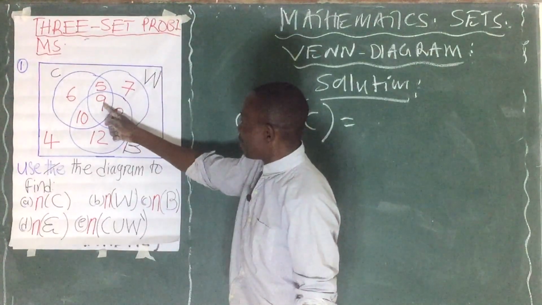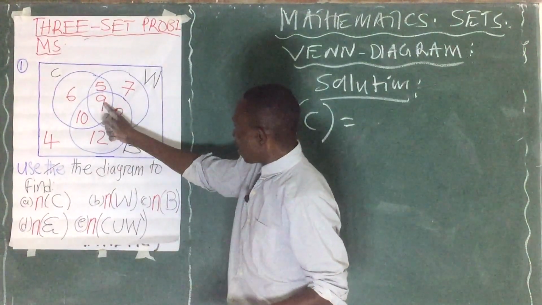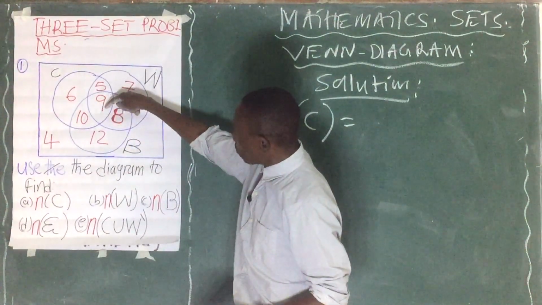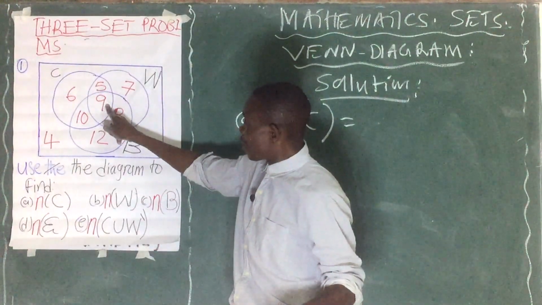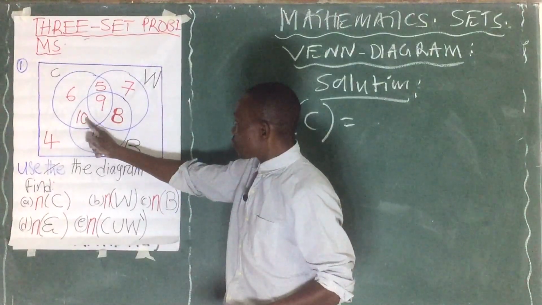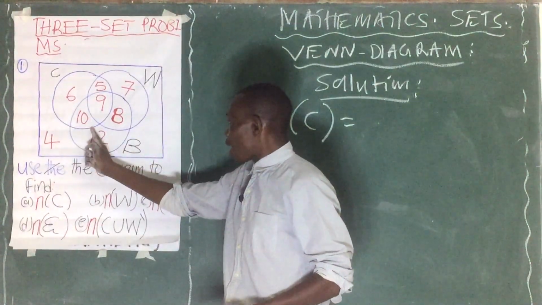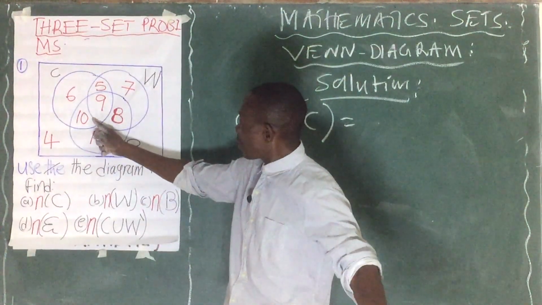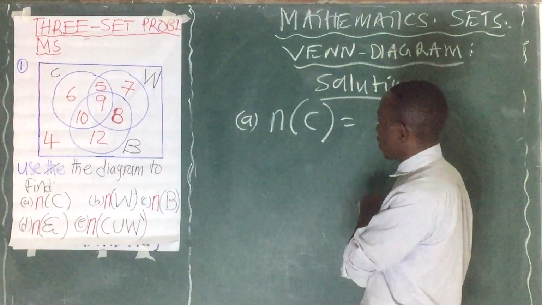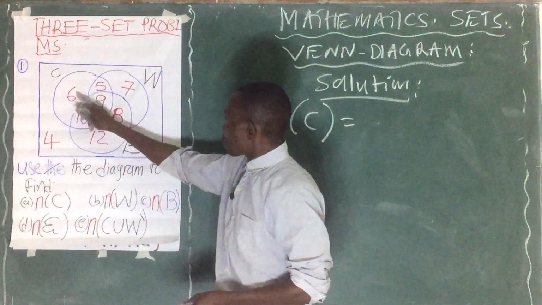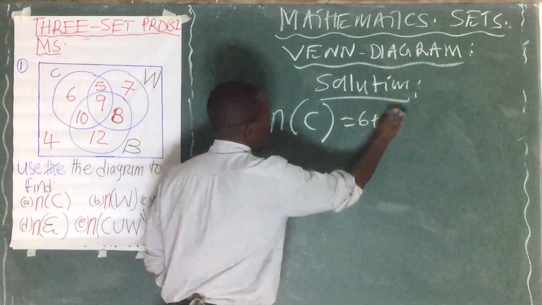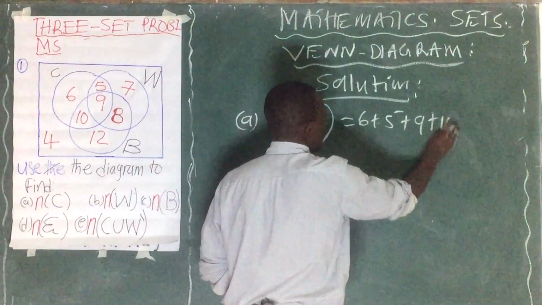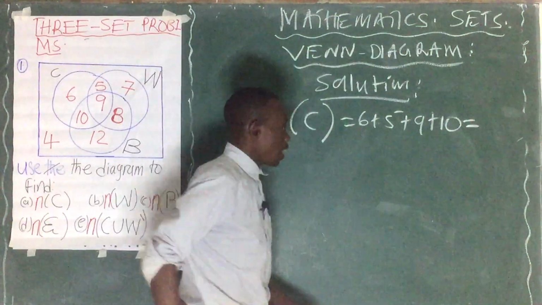The 9 here are in C, though they are also in W and B, but that part is part and parcel of C. And the 10 here tells us those who are in C and also in B, but they're still in C. So if we are to count how many are in C, we'll be talking of 6 plus 5 plus 9 plus 10.